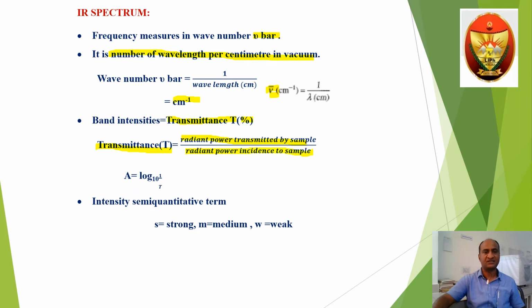So absorbance equals log to the base 10 of 1 upon T. The peak intensities are measured in semi-quantitative terms: if the intensity of a peak is strong, it is denoted by S, if medium, by M, and if weak, by W.